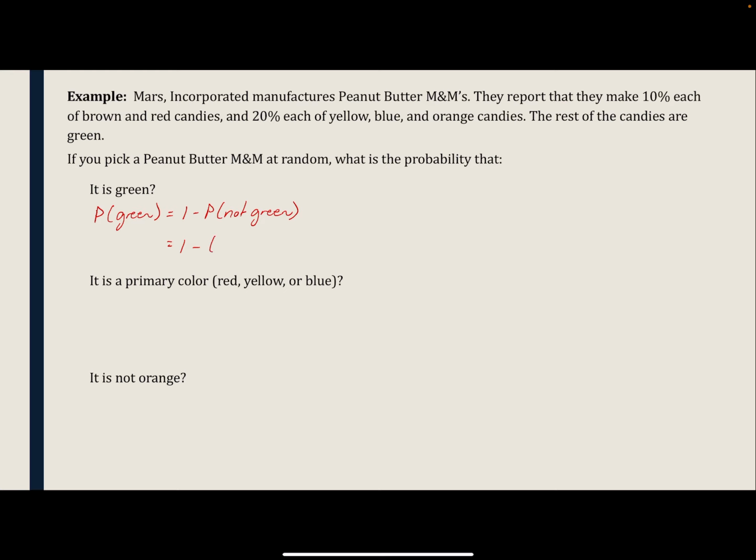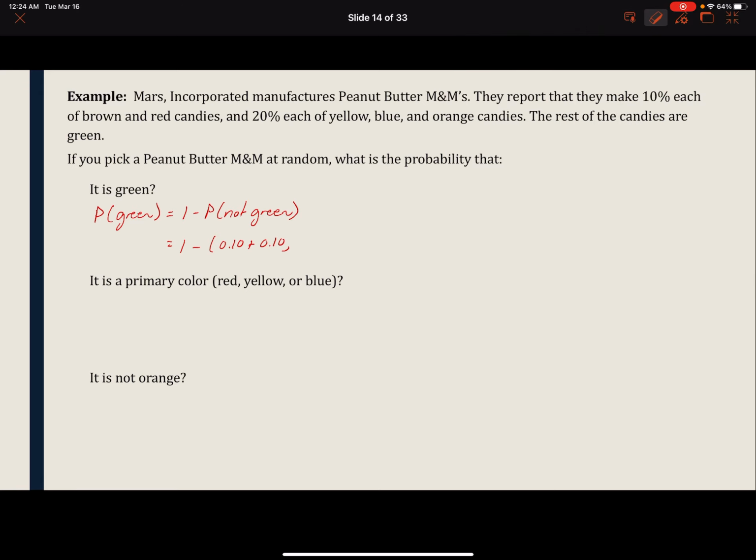So that would be the probability that it is brown, red, yellow, blue, or orange. And if I add these up, I have 1 minus 0.8, which means that 20% of the candies are green.